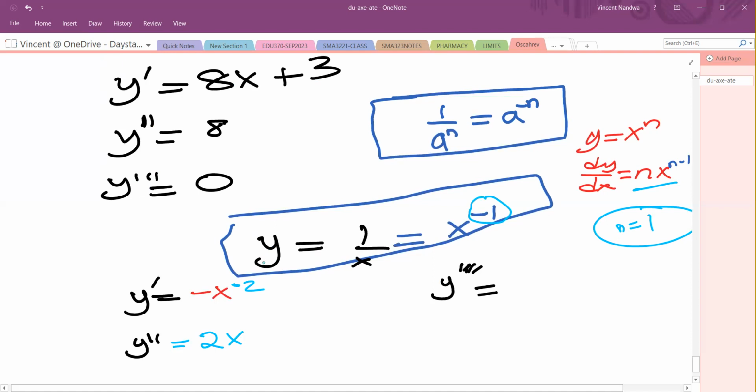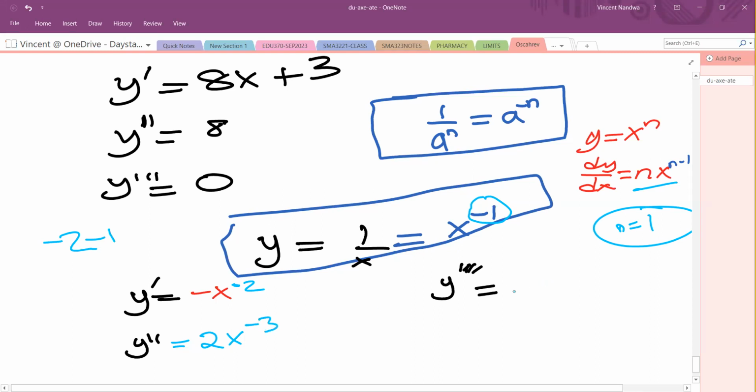What will be the new power of x? Remember, the n is -2, and the formula is n minus 1. So what is -2 minus 1? -3.